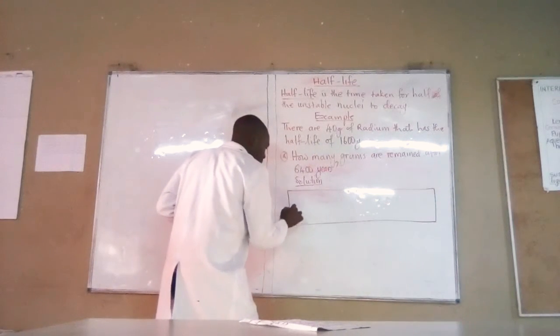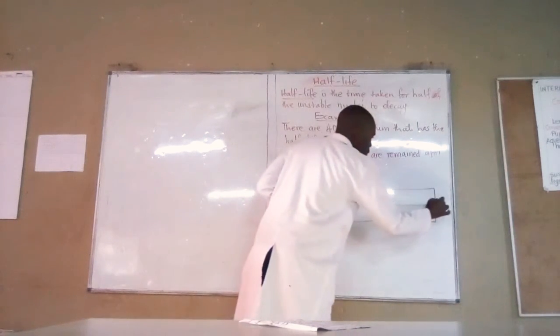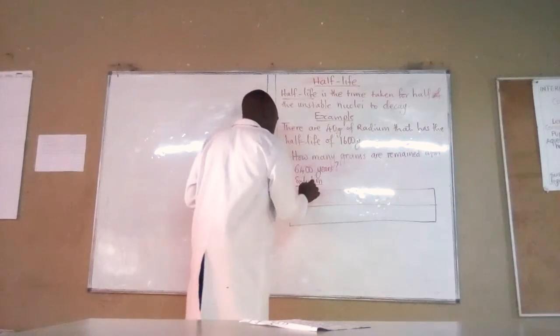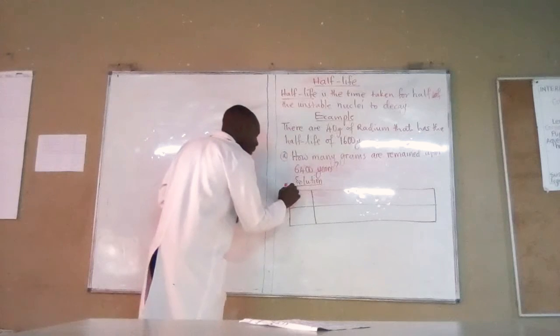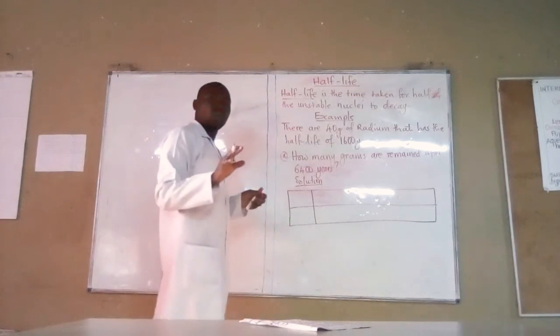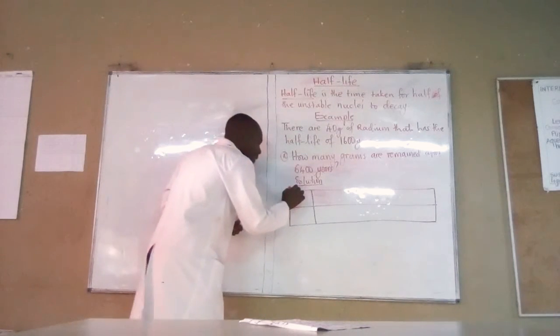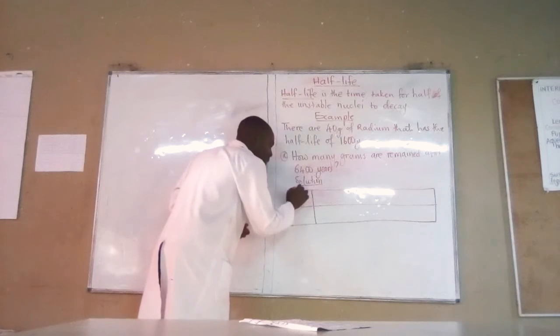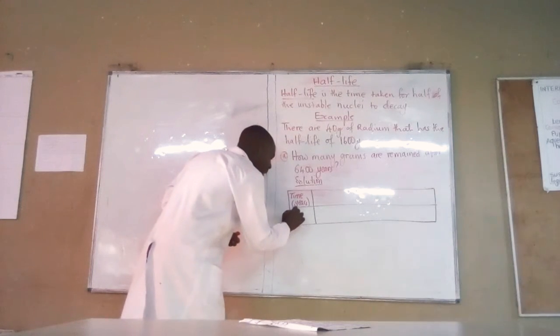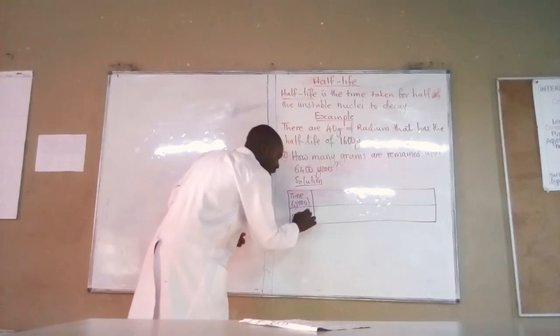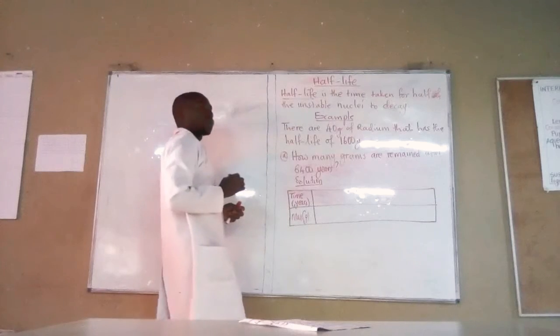So I have drawn a table of two rows. Because we have just two quantities, I'm going to write one quantity which is time measured in years. Then we also need mass which is being measured in grams.